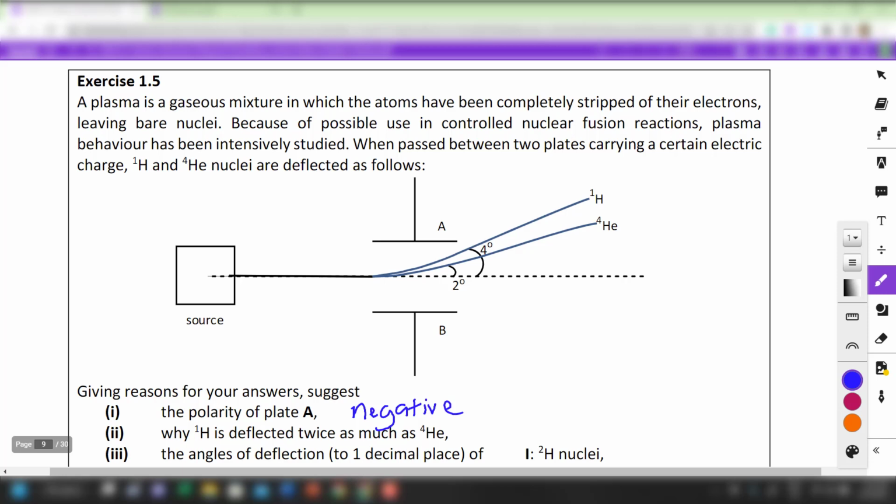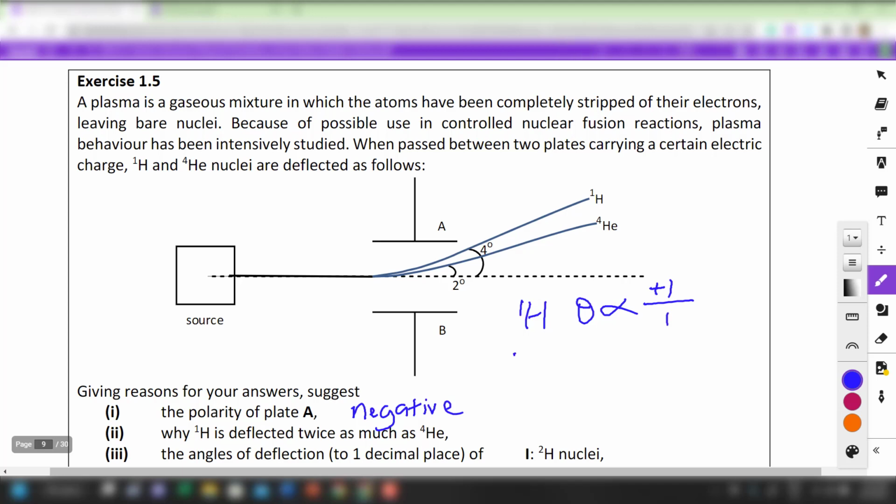For part 2, why is 1H deflected twice as much as 4 helium? In this case, we have to look at the mass number. For 1H, the angle of deflection is directly proportional to the charge, so +1, and inversely proportional to the mass. The mass of hydrogen is 1.